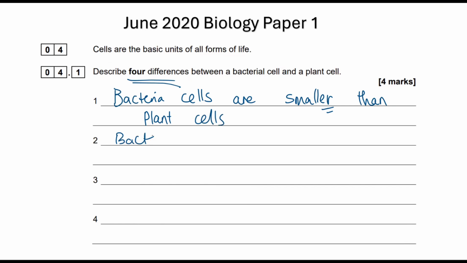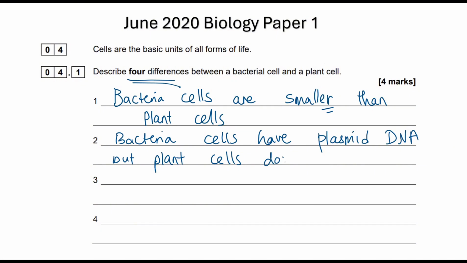Bacteria cells have plasmid DNA, but plant cells do not. Plant cells have a nucleus, but bacteria cells do not.